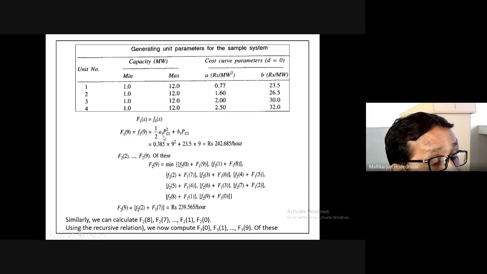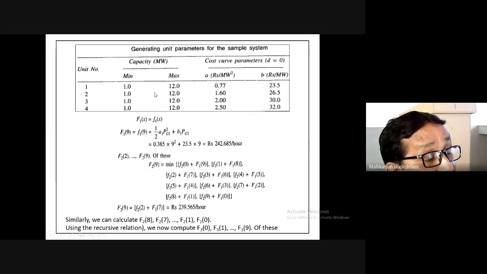Like this, A2, B2, PG2, I have to substitute for 2 megawatt, 3 megawatt, 4 megawatt for the second machine. I have to combine them, put them in the calculation and get one number in terms of cost.